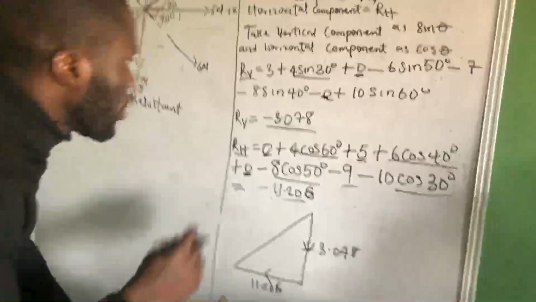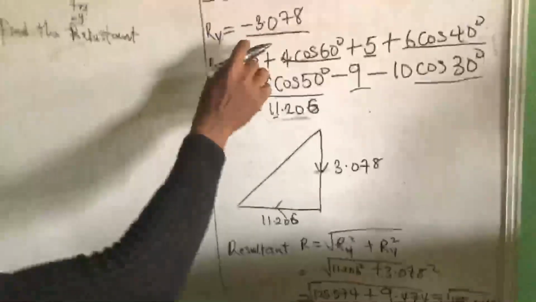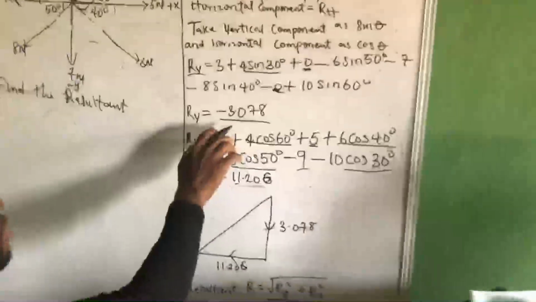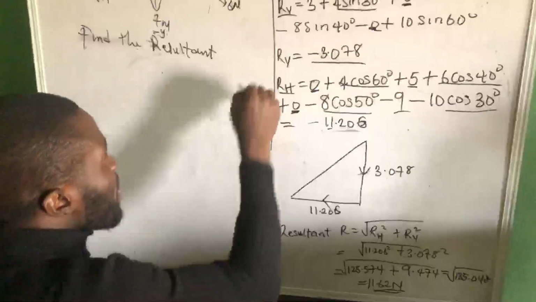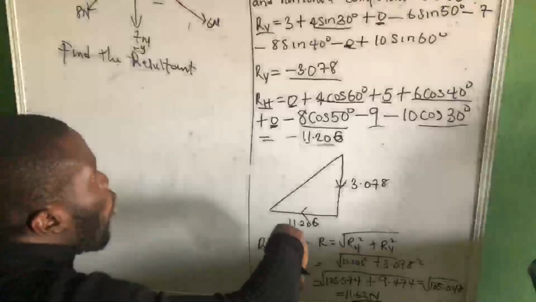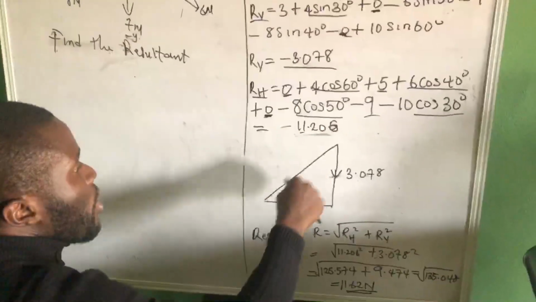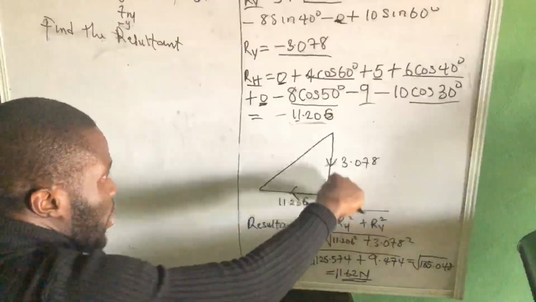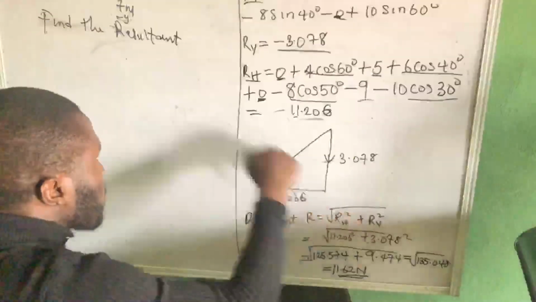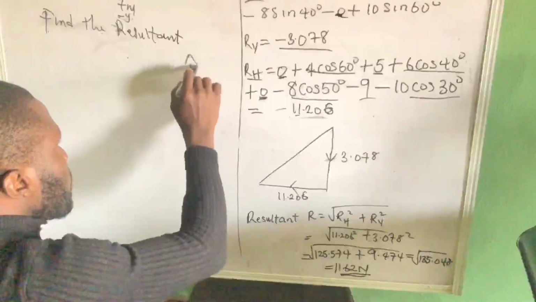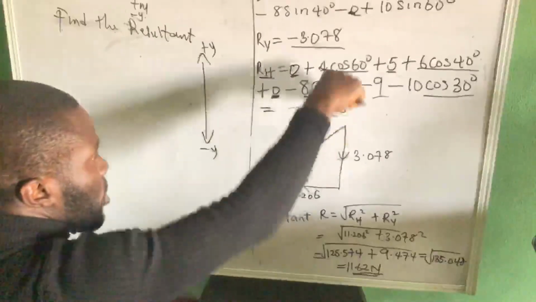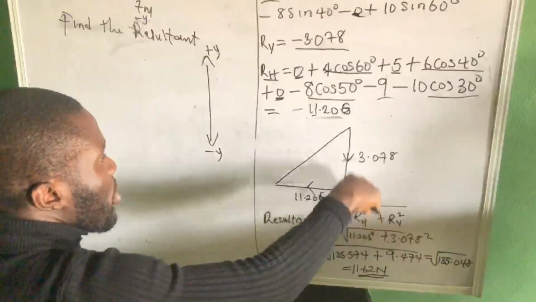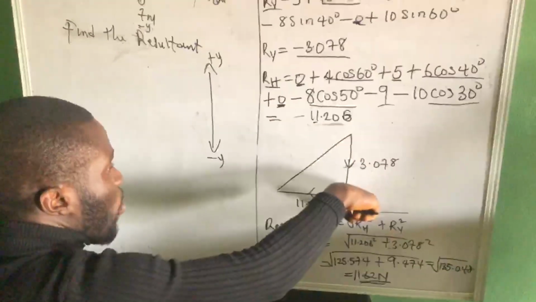So we draw a triangle. The final answer for RV along the vertical component is minus 3.078. What does that mean? It means along the negative y-axis. So if we draw your line now, the arrow will point downward. You know, y-axis is this, plus y, and this is minus y.